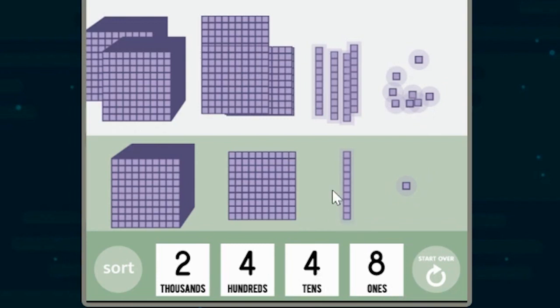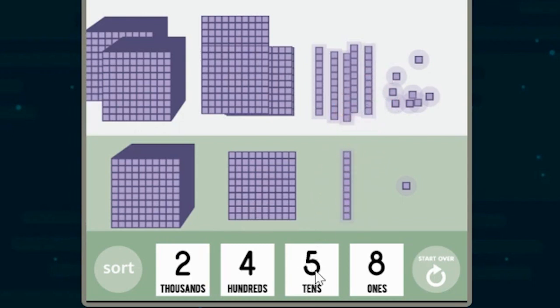Let's count forwards by the decade. Remember, forward by the decade means we're adding 10. So what will happen when I add another 10? Will the ones change? Will the tens change? Will the hundreds change? Or will the thousands change?